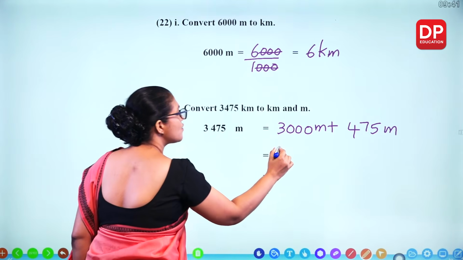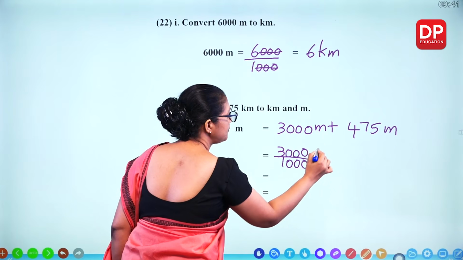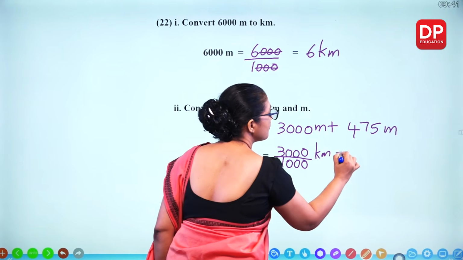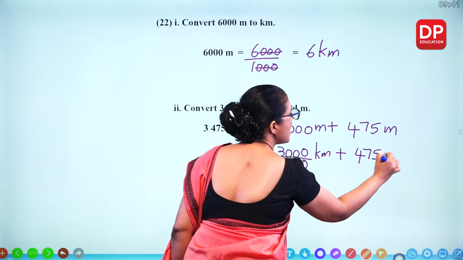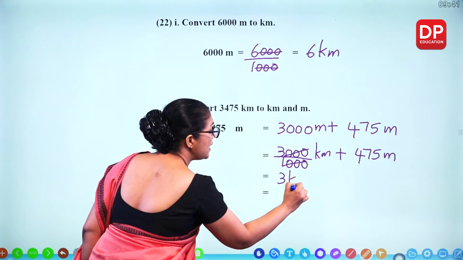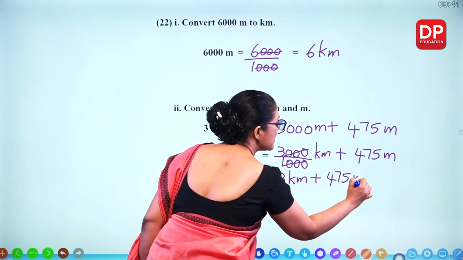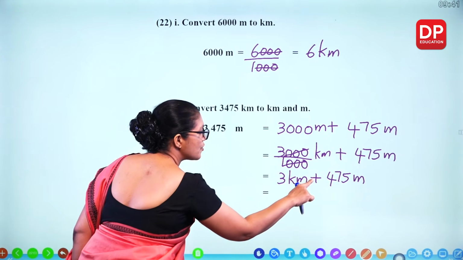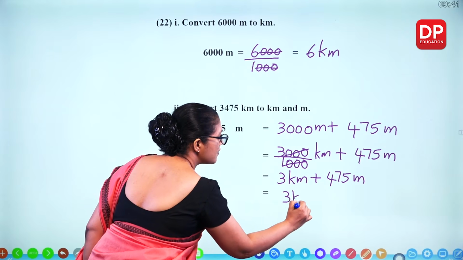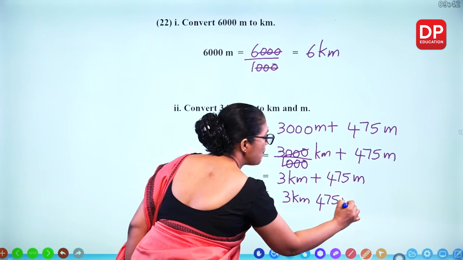How do you convert this to kilometers? I can divide this by 1000 and keep this as it is. Here I can write 3 kilometers and 475 meters. Without writing addition, I can write 3 km and 475 meters.